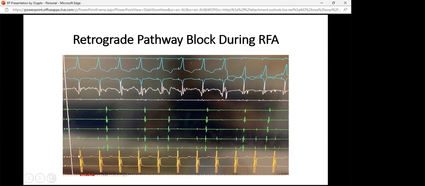We found the pathway, we mapped it, we ablated, and suddenly we lose our VA conduction, meaning that she now does not have VA conduction across the node, or more importantly, through the pathway, because we've ablated that. Is that clear?